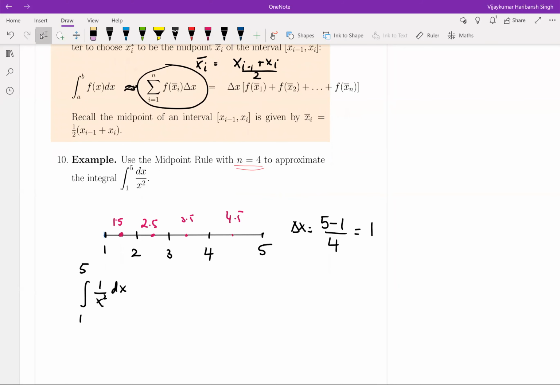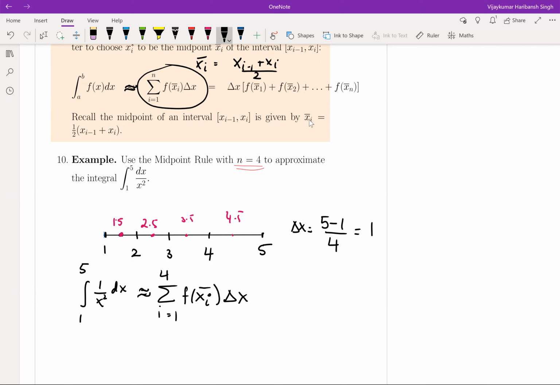So this integral is going to be equal to the summation, i going from 1 to 4, of f of xi bar times delta x. Recall you had xi star, but here we are choosing a special point, which is the midpoint of the interval. You're not taking any limit, so this is an approximation.